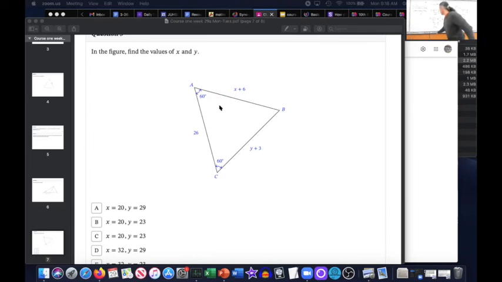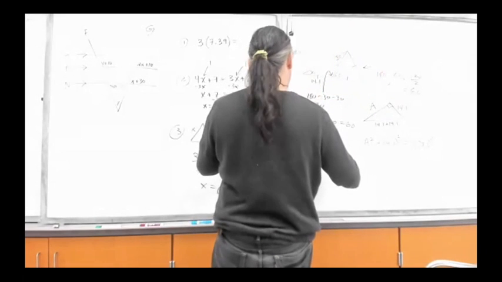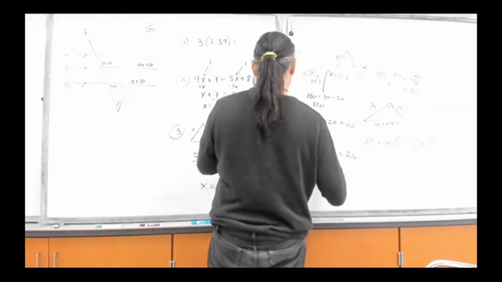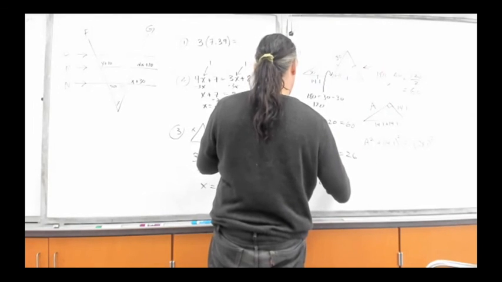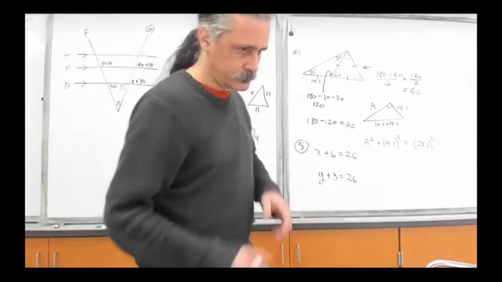So just a real subtle application here. So for number 5, you would just solve two equations to get the x and the y. All right, so you would just solve x plus 6 equals 26, and y plus 3 equals 26. Okay.